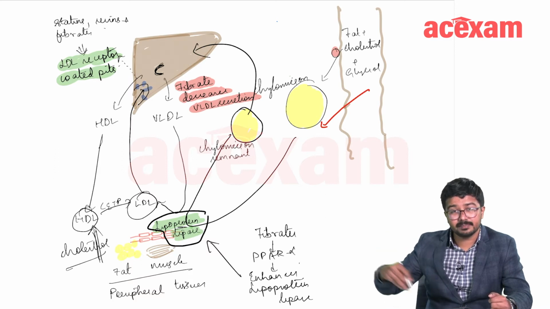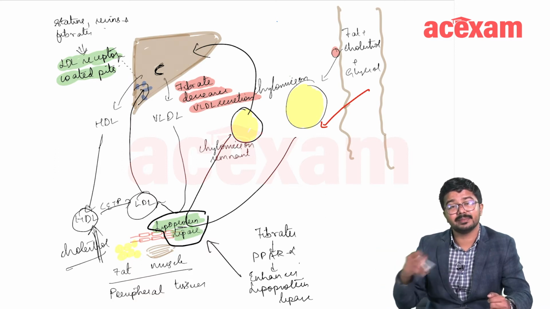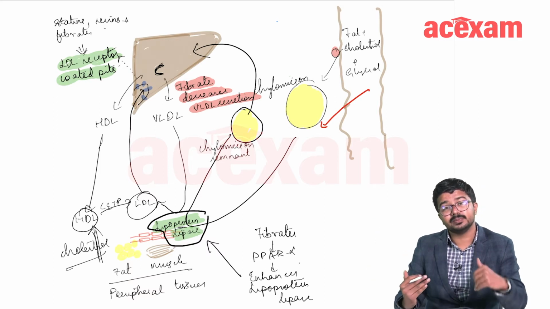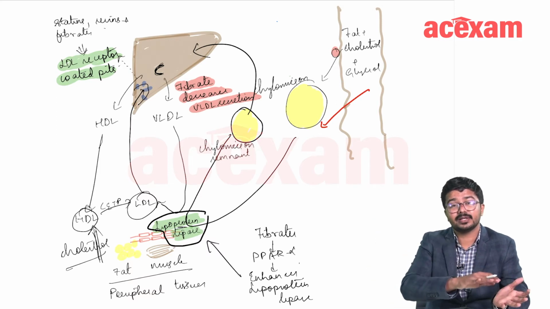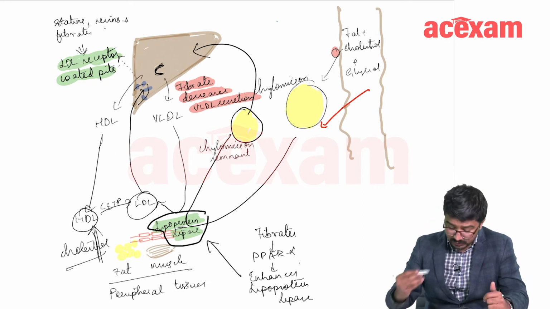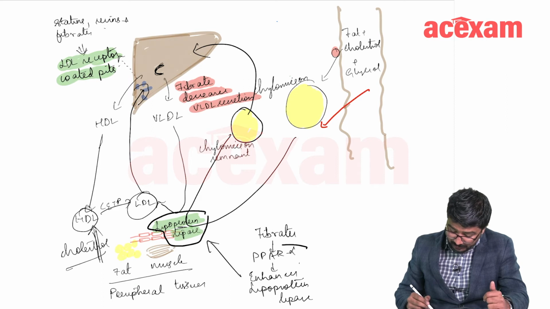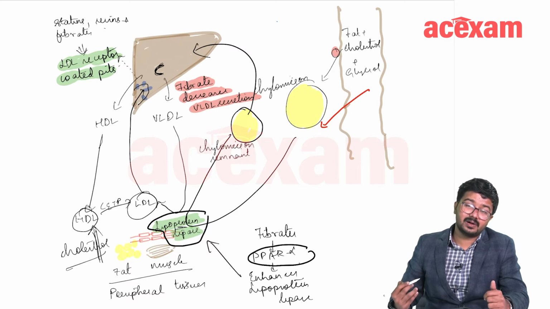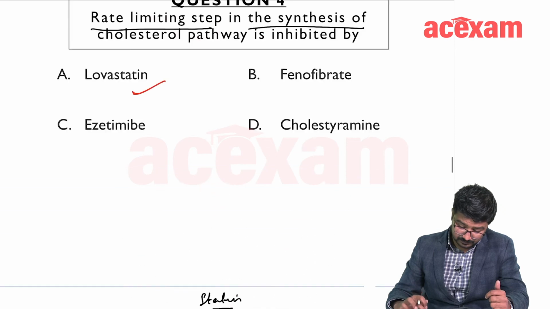The VLDL on the periphery gets converted into LDL by means of lipoprotein lipase. So the enhancement of lipoprotein lipase helps in breakdown of both the chylomicron as well as VLDL into their remnant components so that they can be absorbed back into the liver. So this is being done by means of fibrates, by means of agonism of PPAR alpha. So fibrates is not the option for this particular question.